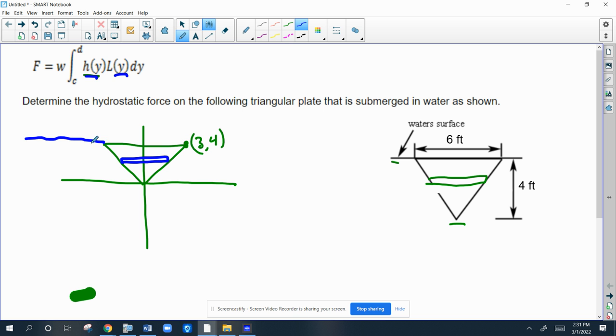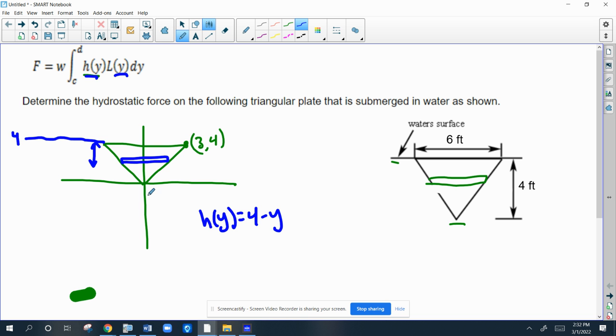H of y is the depth. So start from the top of the water to here. That one's easy because it would be the top value of y, which is 4, minus the bottom value, which is right here, which is y. So h of y equals 4 minus y.